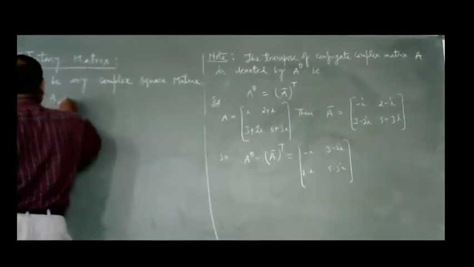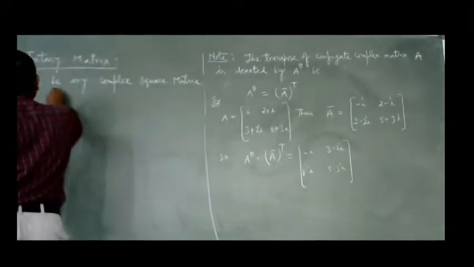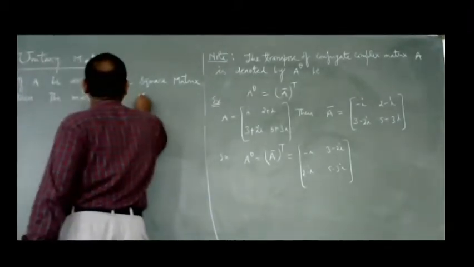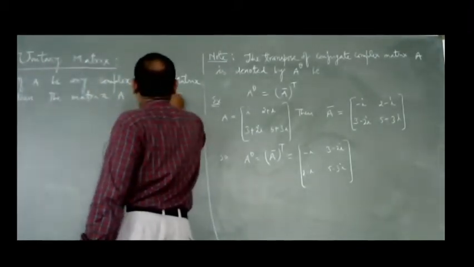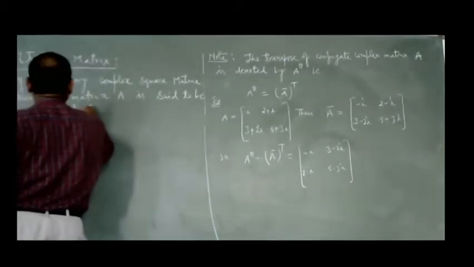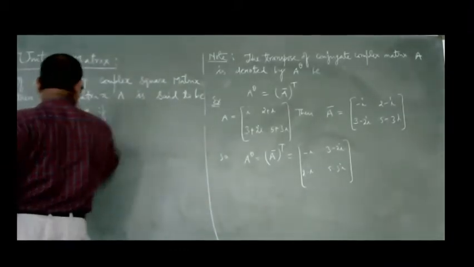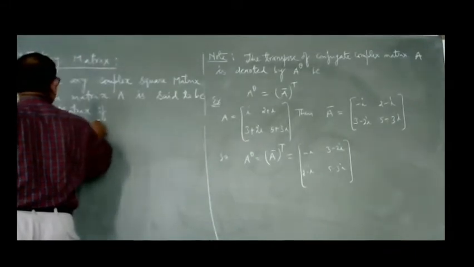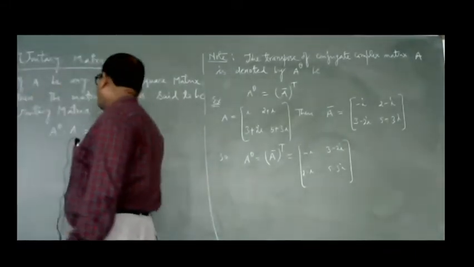Then the matrix A is said to be unitary matrix if A theta into A is equal to I, the identity matrix.